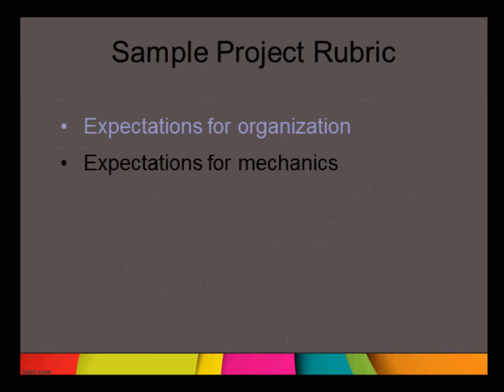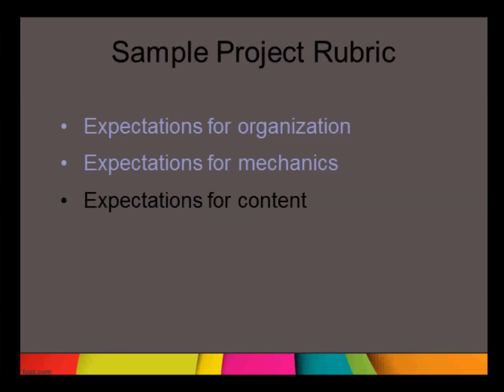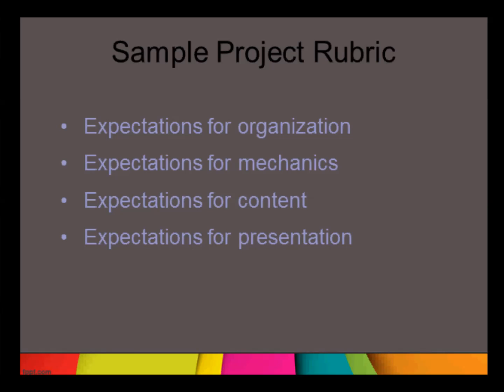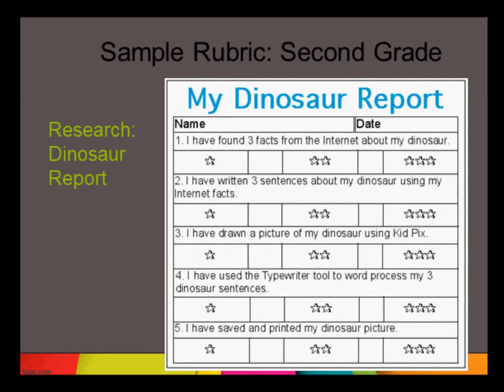A sample project rubric can display expectations for organization, for mechanics, for the content, and for the presentation itself. So this is a sample second grade rubric. Now notice in this rubric I have "found 3 facts on the internet about my dinosaur." I'm using stars here.